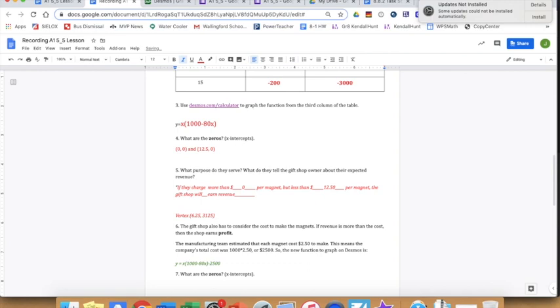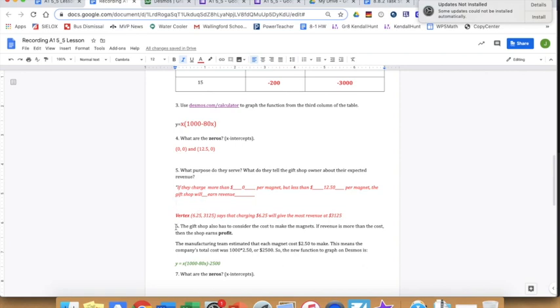So that vertex says that charging $6.25 will give the most revenue at $3,125. So really want to make sure we're looking at that revenue, figuring out, okay, we want to make as much money as we possibly can. How are we going to do that? And that's by charging $6.25. The vertex always tells you the best option or worst option.